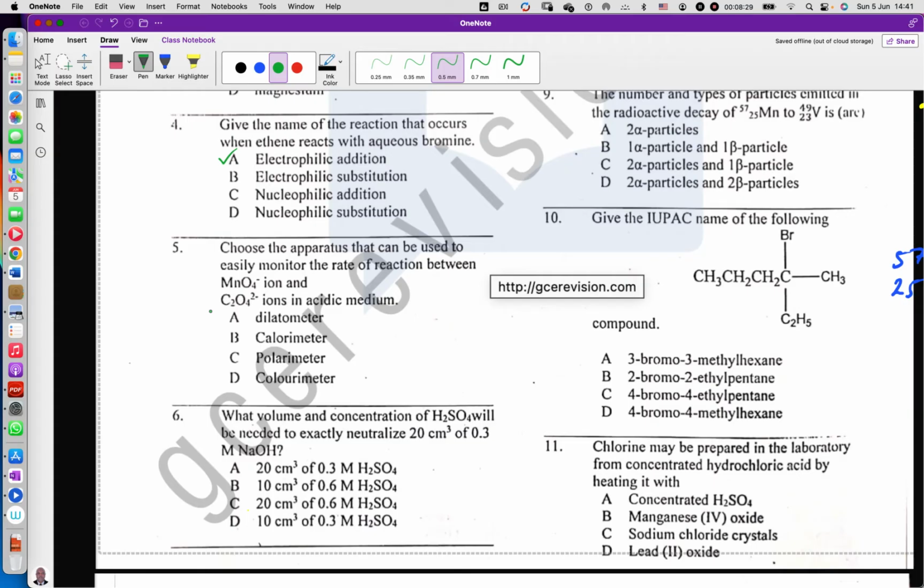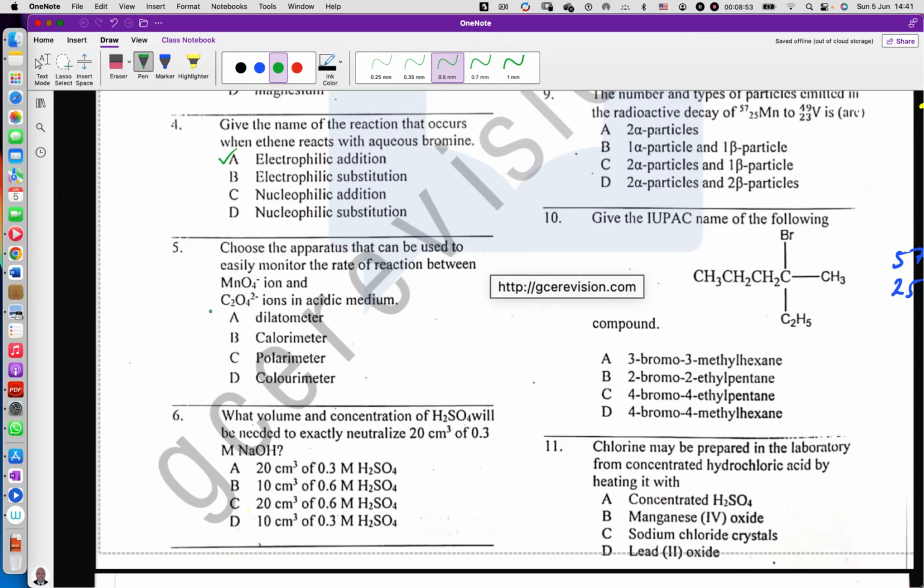It acts like an indicator. When you are using manganate(VII) ion in a reaction, you don't need an indicator again, especially in titration, because it is itself acting as an indicator.